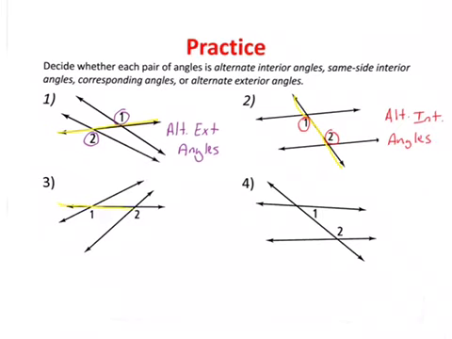For 3, my transversal, I notice that both of my angles are located in the bottom right of the 4-angle grouping, so these are corresponding. And then last but not least here, we've got our transversal in 4. The 2 angles are inside and on the same side of the transversal, so these are same side interior angles.